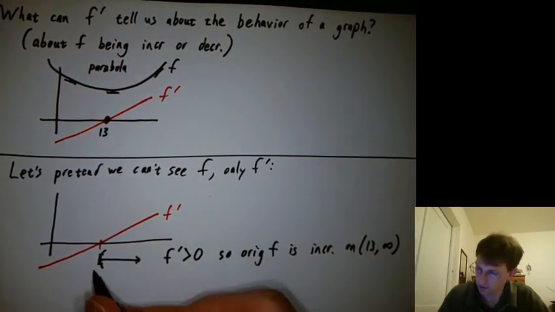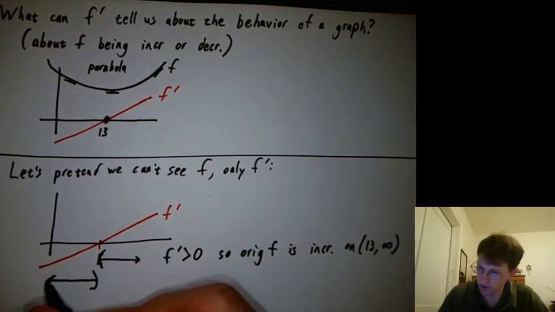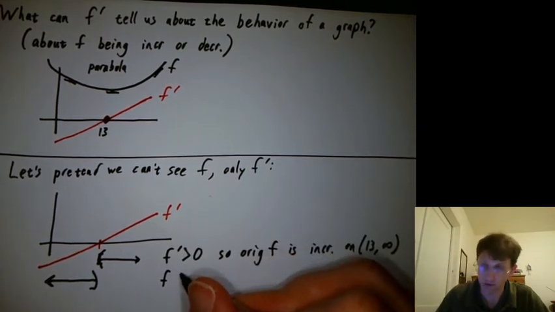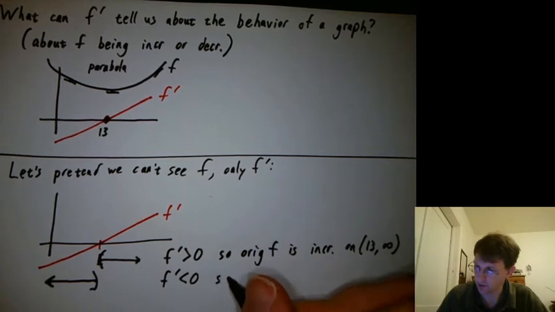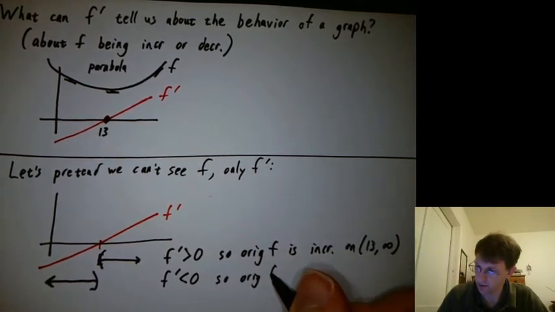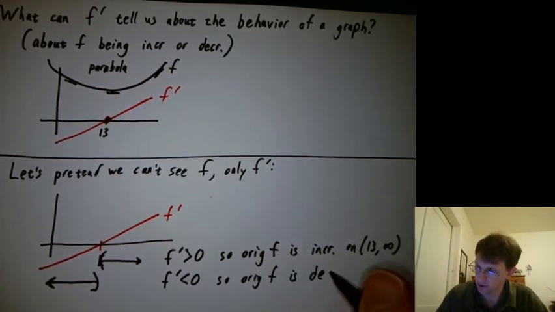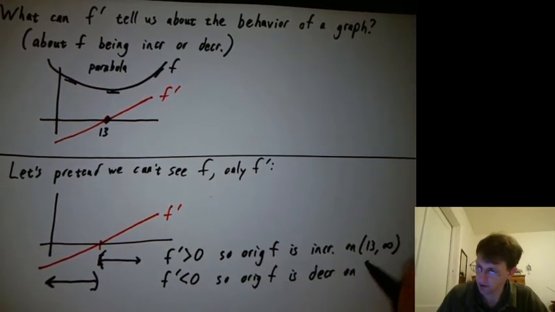What can you say about from here on back? You say basically the opposite, right? f prime is less than 0, so the original f is decreasing on negative infinity up to 13.